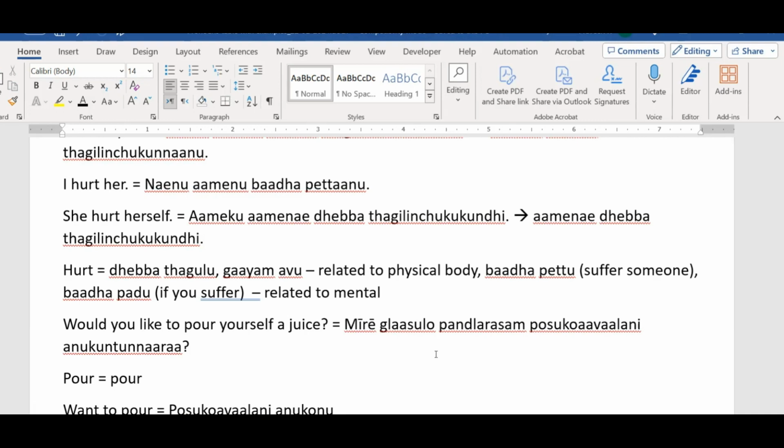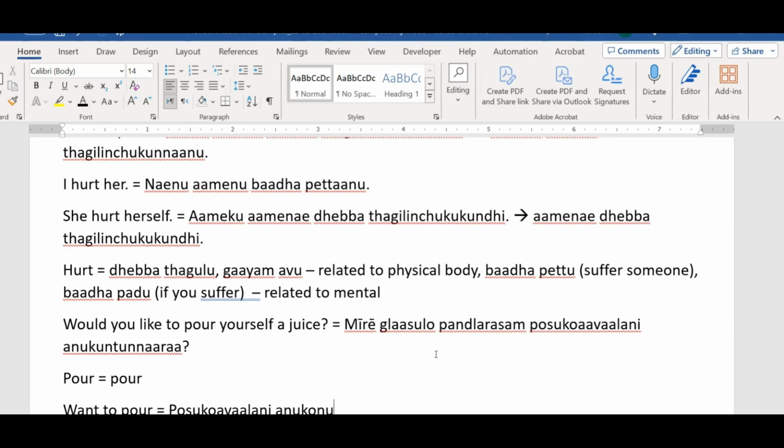Want to pour. Okay. So అనుకోను, the ending will be different based on the subject. I want to pour. నేను పోసుకోవాలని అనుకుంటున్నాను. Similarly, no ending words: అనుకోను, తిన్నాను, అనుకున్నాను, అనుకుంటాను, తింటాను. That no ending structure you can bring here.